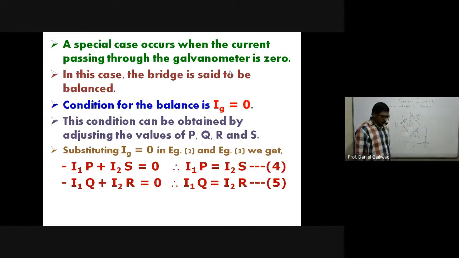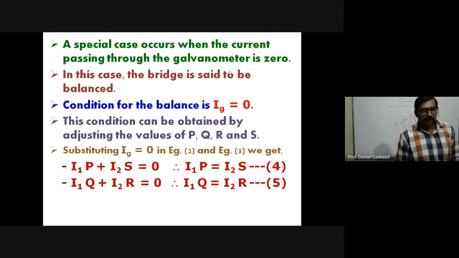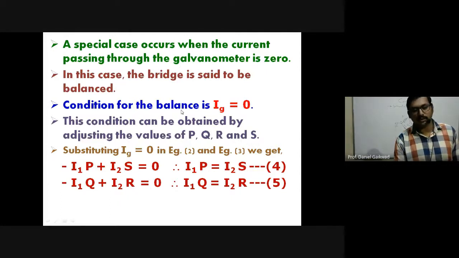The galvanometer shows null deflection, and for that null or zero deflection, the condition is called the condition of balance, where Ig is equal to 0. That is the balancing condition of the bridge.